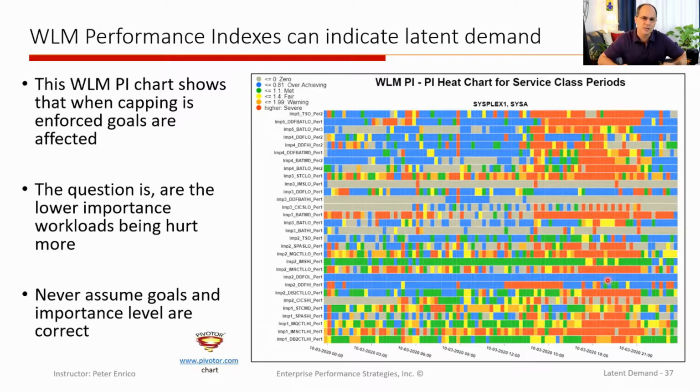It could be that the reason the high importance workloads are suffering is because they don't have a good CPU dispatching priority. Maybe they're down at the bottom of the dispatching priority order, and as a result, that's why they're not getting CPU. WLM is not helping them, or maybe it's too late to help them right now, and as a result, their goals suffer. So we need to investigate all of that as well.